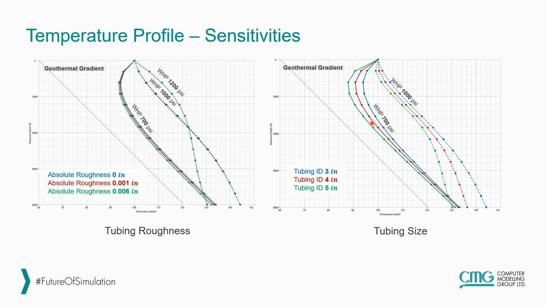And also when we have bigger tubing ID, this means more surface area for the tubing to exchange heat with the geothermal gradient. So overall, this means that bigger tubing ID is going to show first less temperature and second being pulled more toward the geothermal gradient.